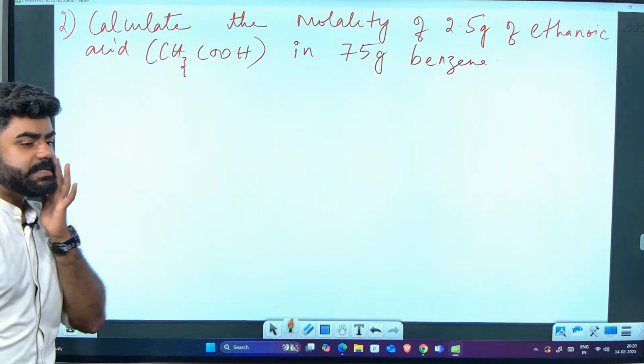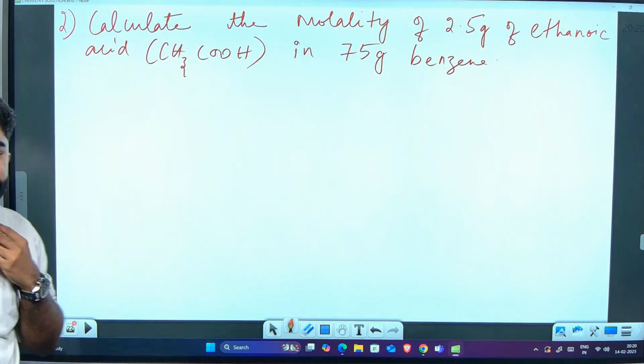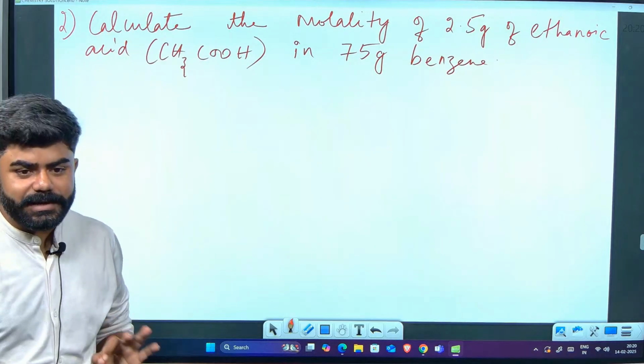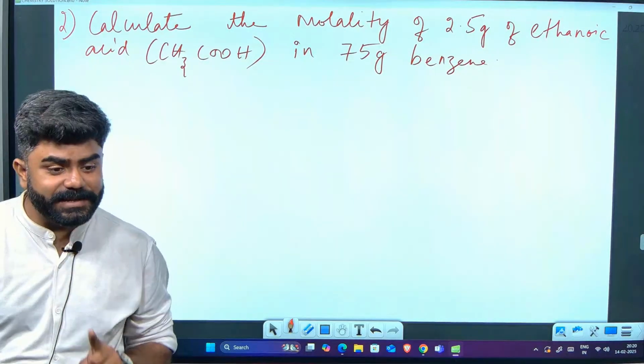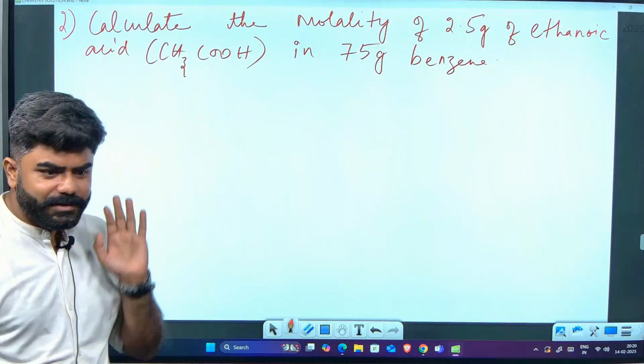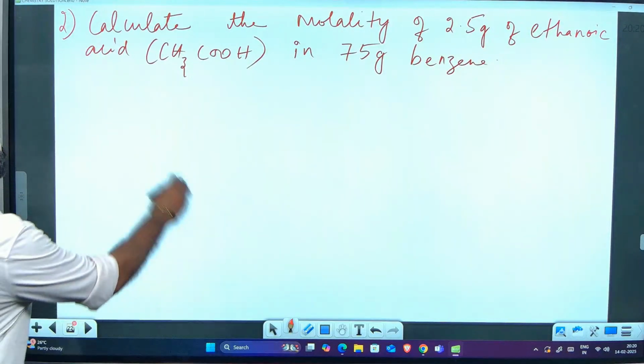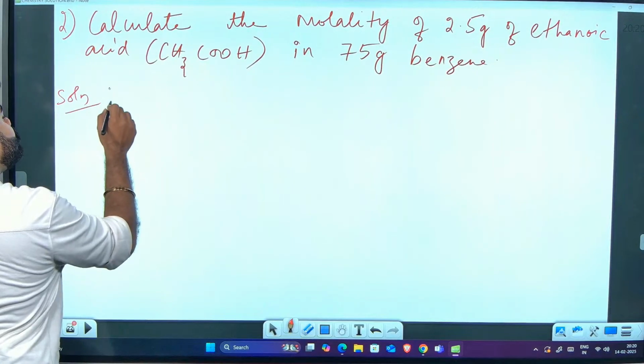So the question is, you have to calculate molality, not molarity. First, that you should be clear. So to calculate molality, what is the formula?